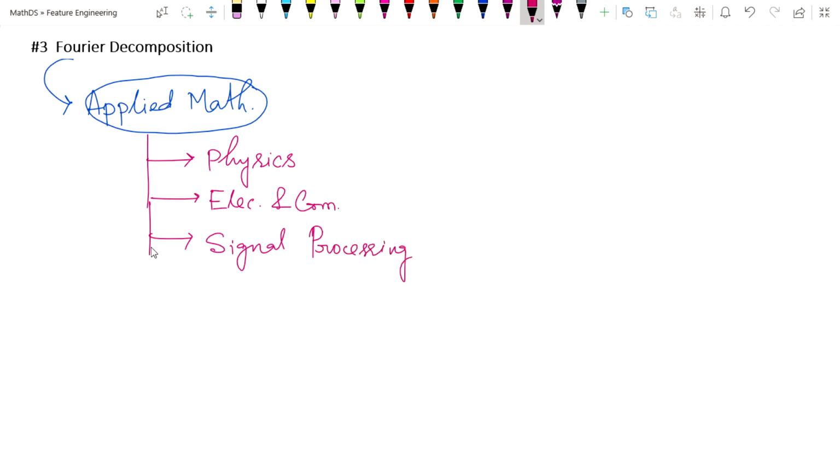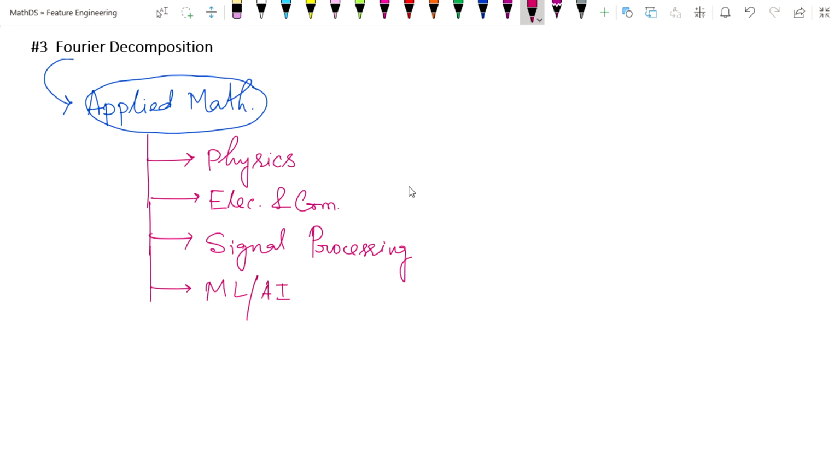In today's world, artificial intelligence and machine learning also use the concept of Fourier decompositions.